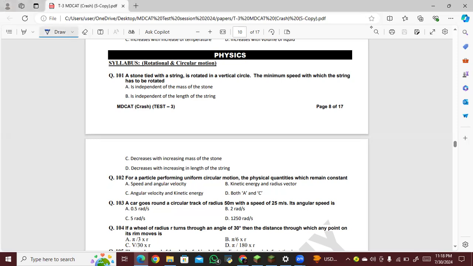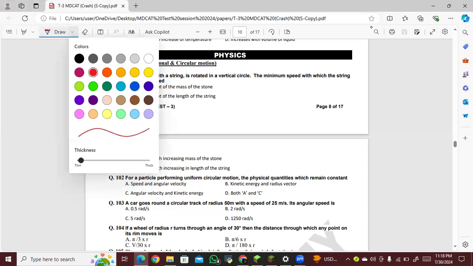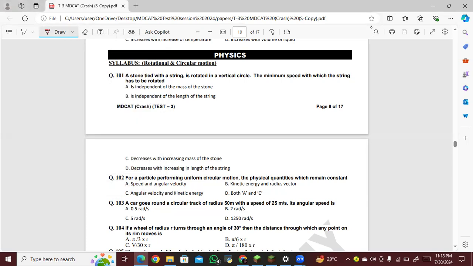Question number 101. A stone tied with a string is rotated in a vertical circle. The minimum speed with which the string has to be rotated. So the formula of the minimum speed is V equal to under root GR.